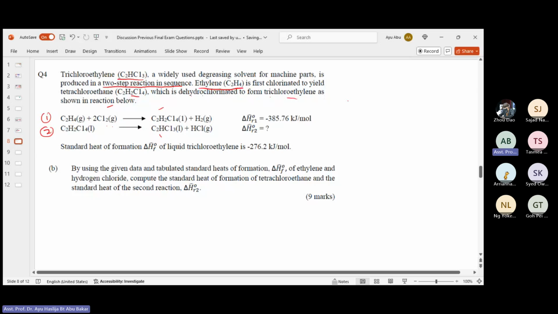For the first reaction, it gives you the heat of reaction. The question also provides you the standard heat of formation, HF, of liquid trichloroethylene, which is this one. So this is the HF given.